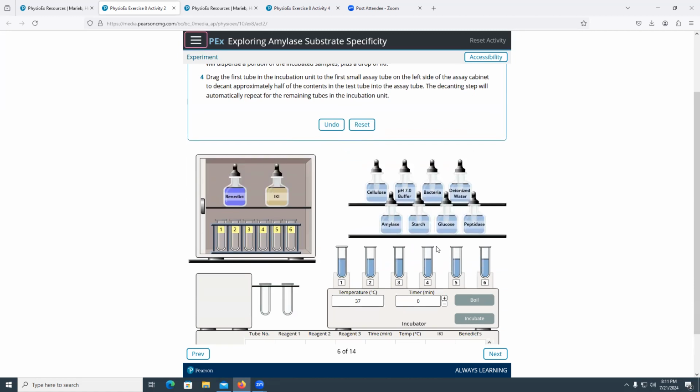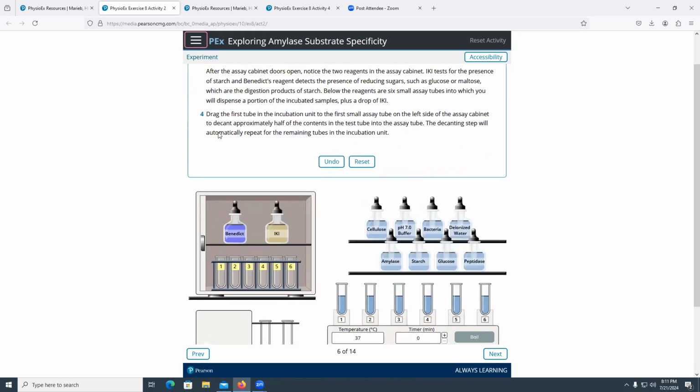Let's drag each tube. So drag the first tube in the incubation unit on the left side. And then we're going to take a little bit of each tube that we are testing, and we're going to see. So after the assay cabinet opens, notice the 2 reagents in the assay, the IKI.